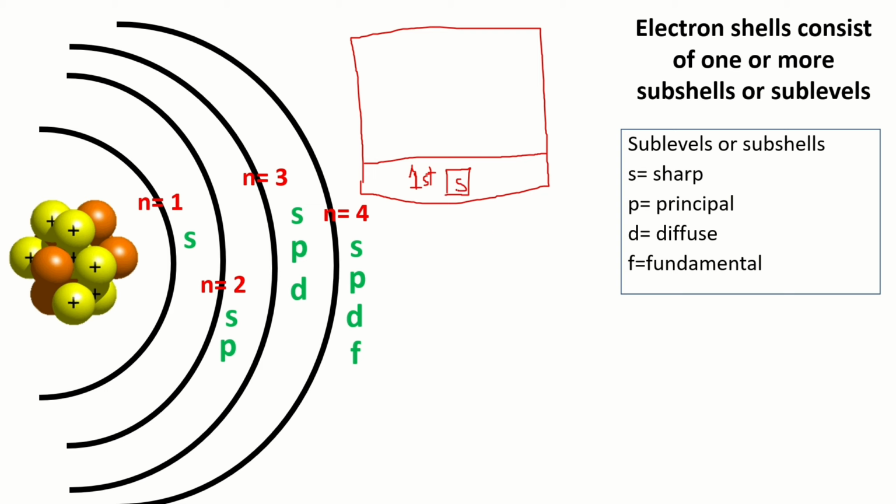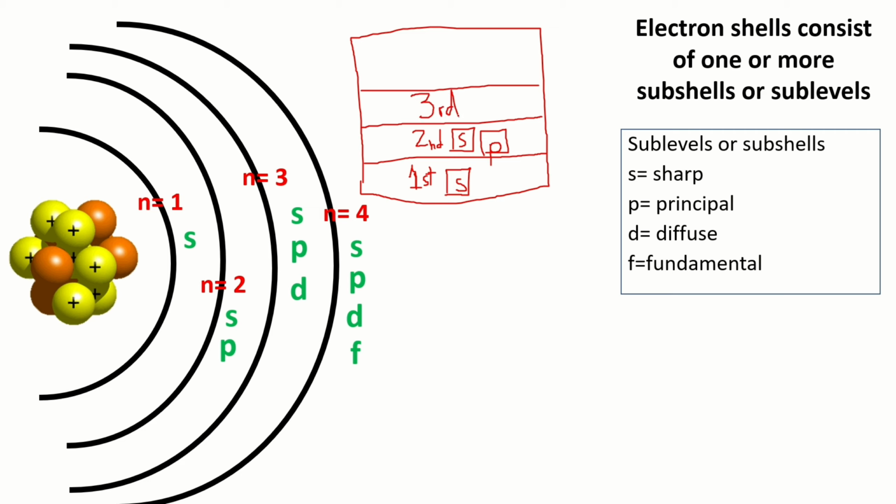Same in the second floor. So in the second floor, this is the second energy level. Okay, and the rooms, we have two rooms. We have the S sublevel and the P sublevel. And for the third floor of the building, this is the third energy level.